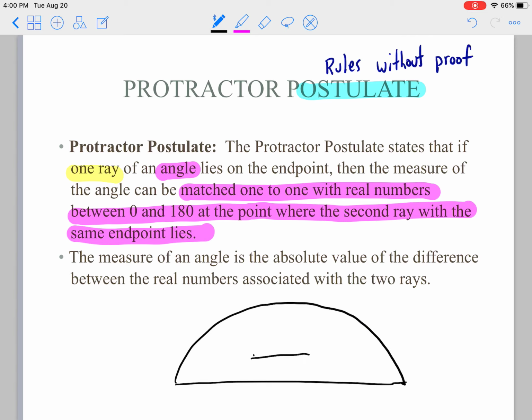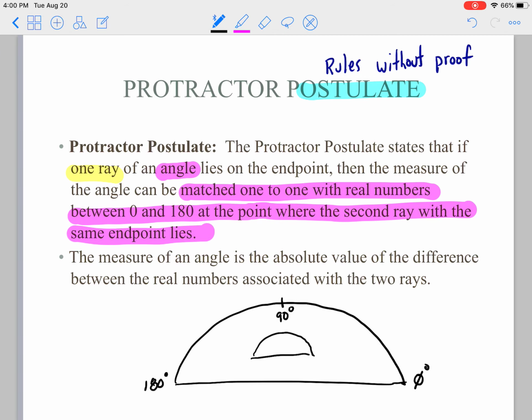Most protractors look something like this. Over here is the measurement of 0. At the top is always the measurement of 90, and over here is always the measure of 180 degrees.